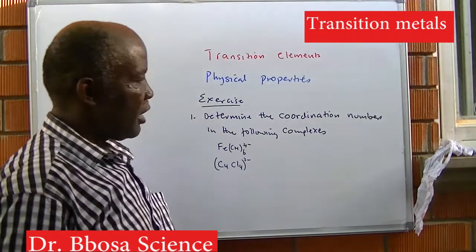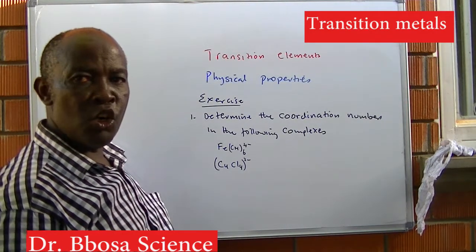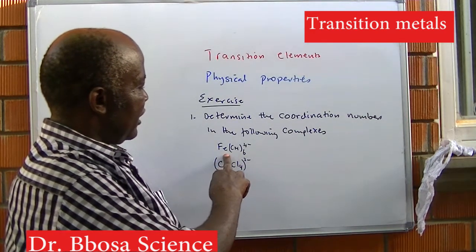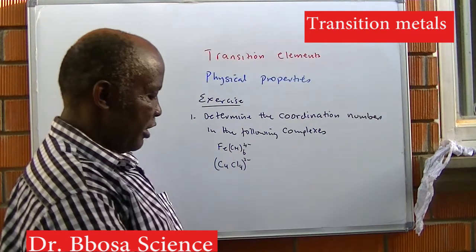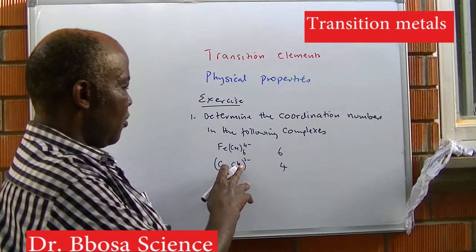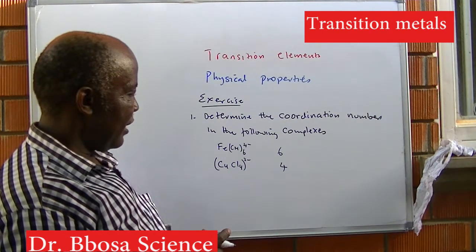Exercise: determine the coordination numbers in the following complexes. In this complex, the coordination number is 6. There are 4 chlorine atoms surrounding the copper ion.